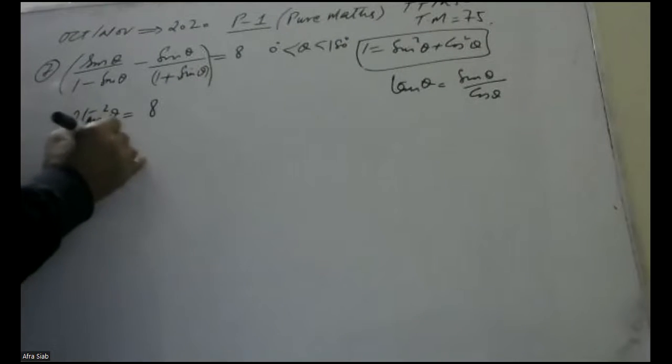Because this thing we have proved in the previous part, that sine theta over 1 minus sine theta minus sine theta over 1 plus sine theta is basically equal to 2 tangent square theta, and that is equal to 8. Then tangent square theta is equal to 4. Then tangent theta is equal to plus minus 2.